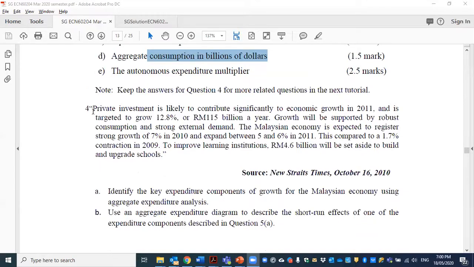It is saying that private investment is likely to contribute significantly to economic growth in 2011 and is targeted to grow 12.8% to whatever amount. Growth will be supported. Okay, so till here it is talking about what? Private investment means I, am I right?